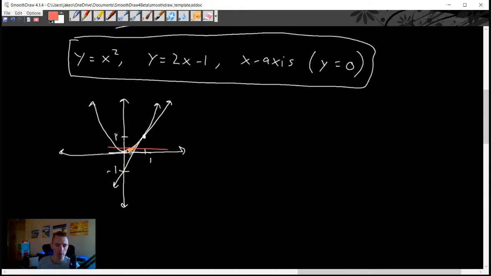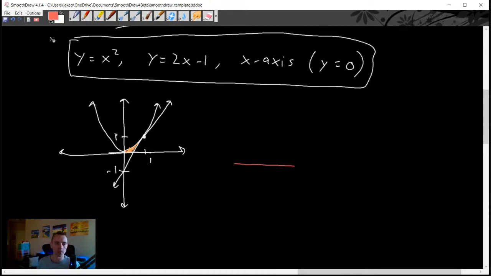And the left edge is always this parabola. So we have the same left edge and right edge function. The right edge function is this linear function the whole way, and the left edge function is this parabola the whole way. And it's just going to go from the bottom of this area here up to the top.